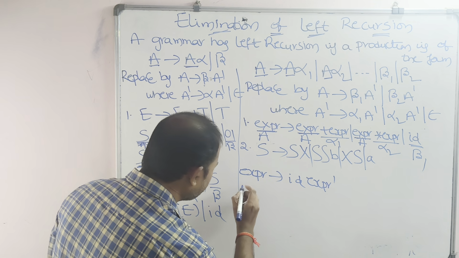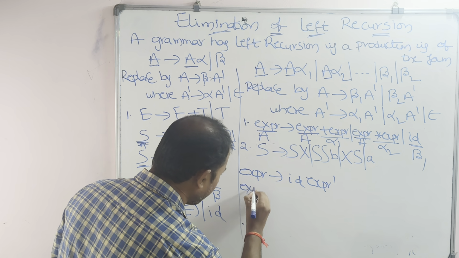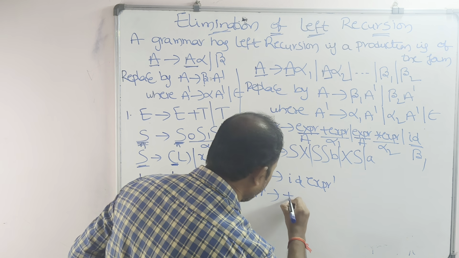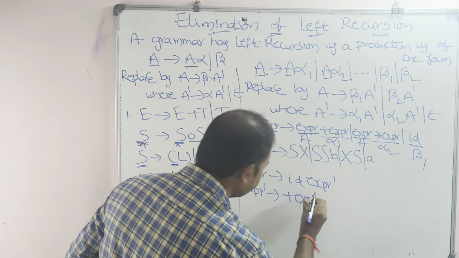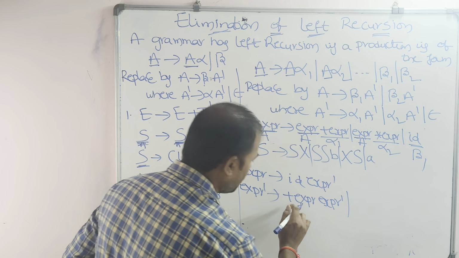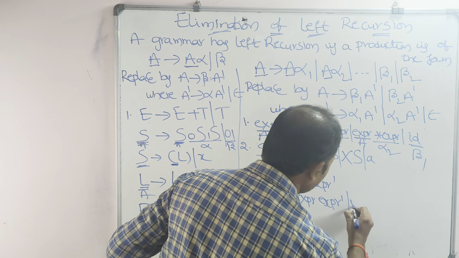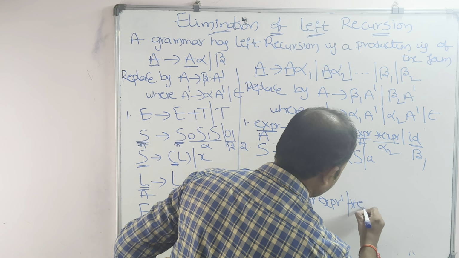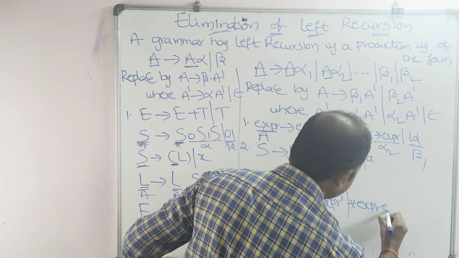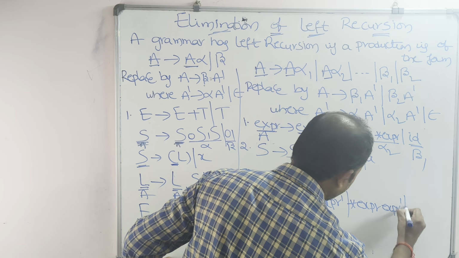Next, EXPR' implies α1A', where alpha 1 is +EXPR, so EXPR' implies +EXPR EXPR' or alpha 2, which is *EXPR, so *EXPR EXPR' or epsilon.